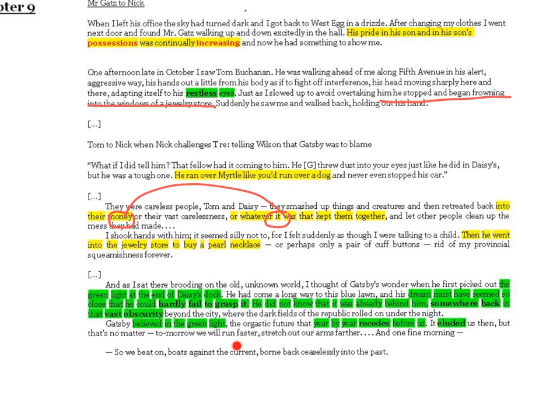We will run faster, stretch out our arms farther. So this perennial promise of what we pursue can be reached, and we have that renewed optimism each day. Perhaps Fitzgerald is questioning whether we ought to be so naive and gullible and continue striving with a renewed sense of optimism. And then we have the ending.